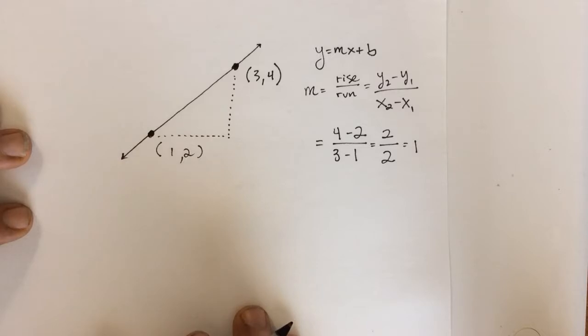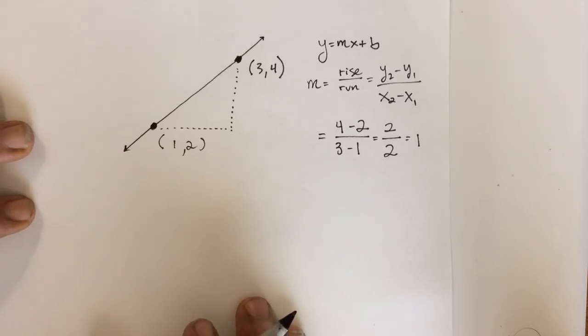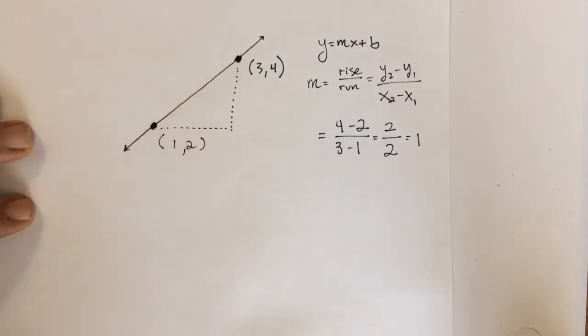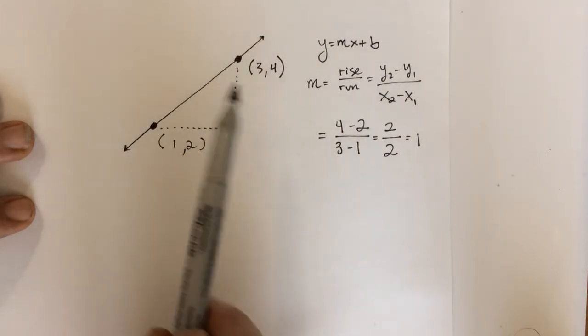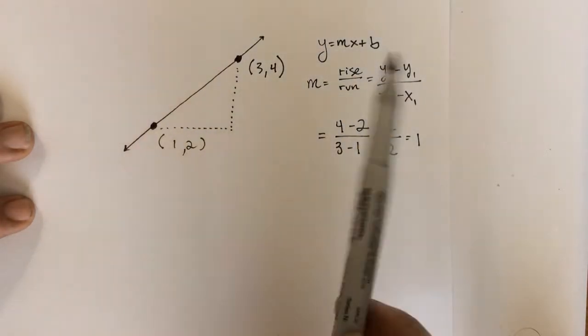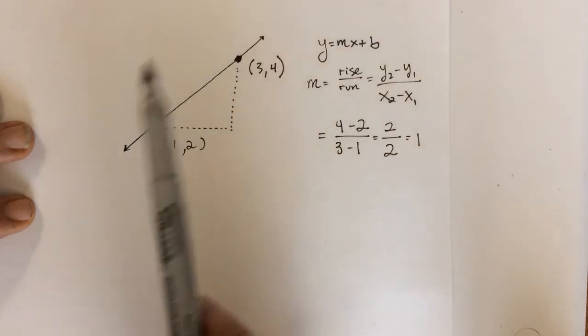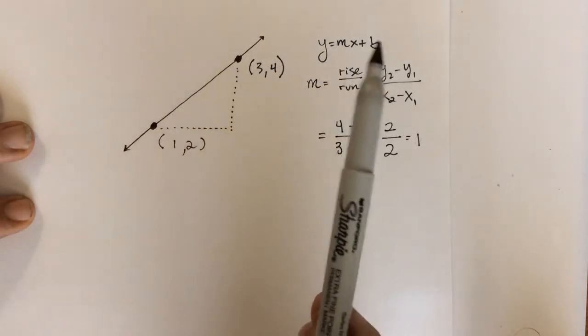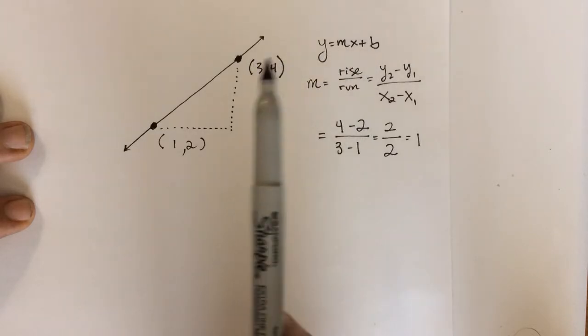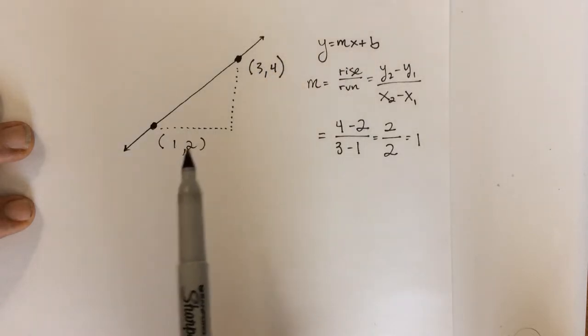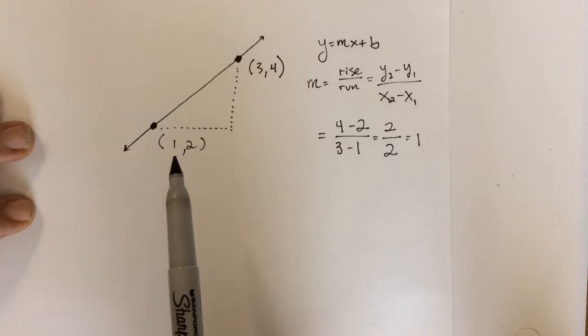So there's our slope. The method that I would like us to use to find the y-intercept, there's a couple of different ways we could do it. We are going to use the relationship between the equation of the line and the points on the line. So remember, this is the equation of this line passing through these 2 points because it describes the relationship between all of the x values and all of the y values.